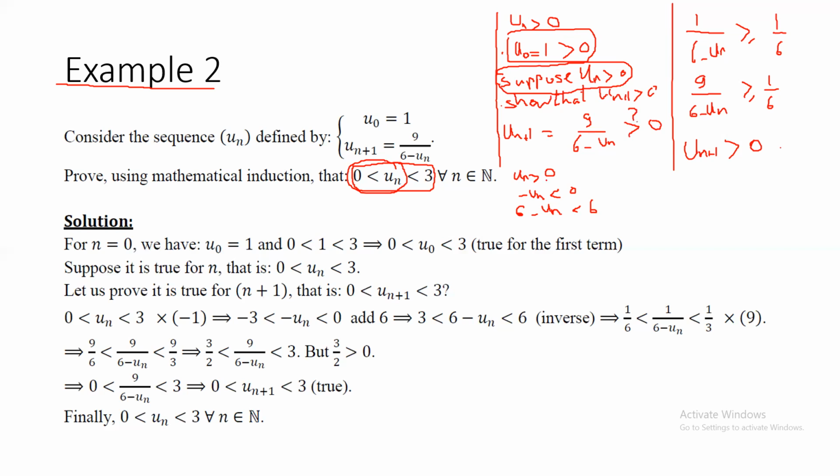So, what I have, un greater than 0. Since I have here minus un, I multiply by negative. Negative un will be less than 0. Since I have 6 here, I add 6 to each side. 6 minus un less than 6. I make the reciprocal.